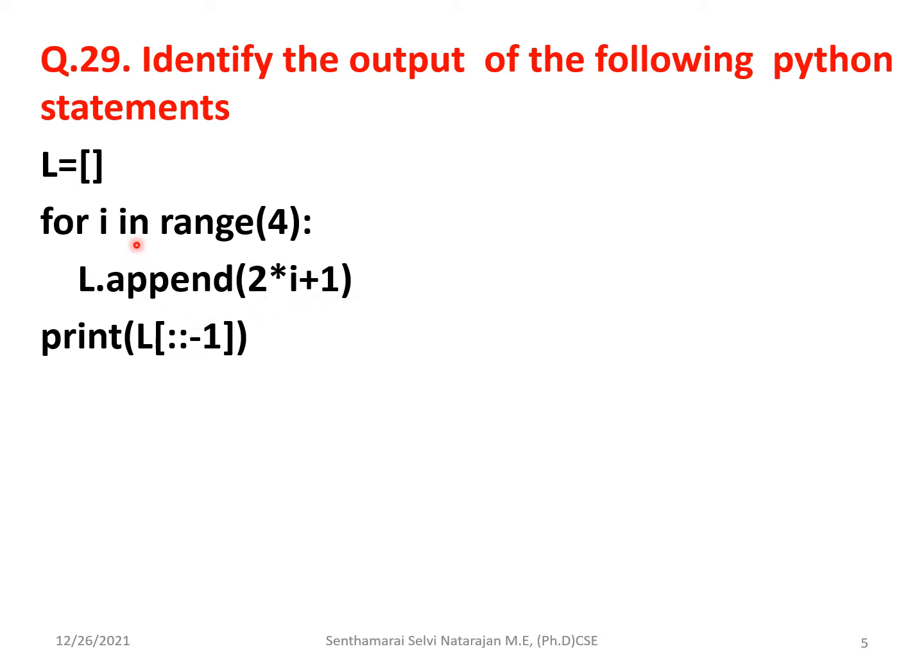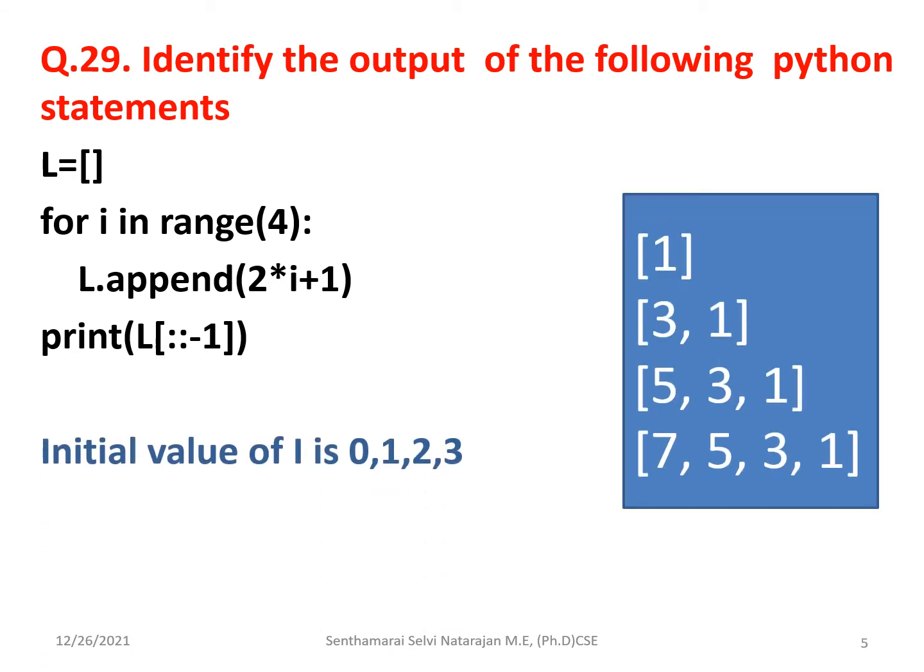Moving to the next value 3. 2 into 3, 6, 6 plus 1, 7. So the elements will be placed from the right, that is, it is 1, 3, 5 and then 7. You see here. So here I have given some internal output, that is after this statement if there is a print of L, then how these statements will be.